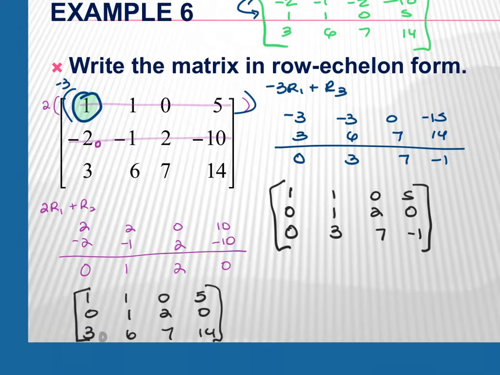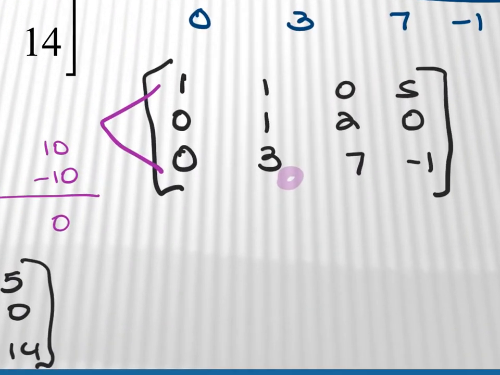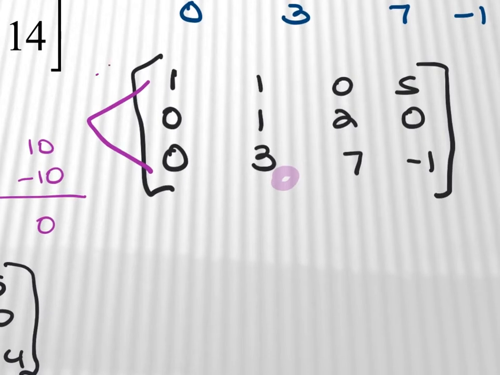Now I need one more 0 here before I worry about the 1 in that row. What happens if I combine 1 and 3? What do I lose? First of all, I would multiply by -3, but then what happens?